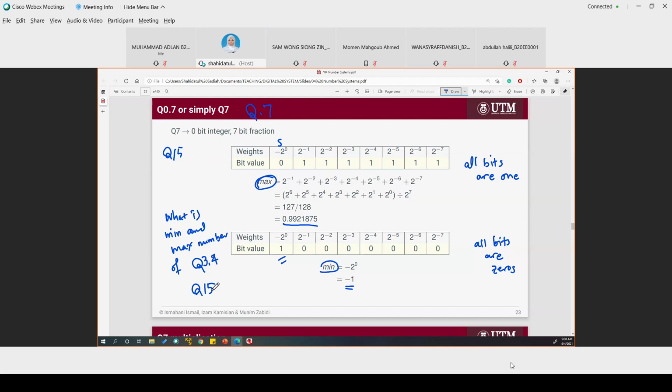All right, we have an answer. So doctor, for the maximum, I guess it's 7.125. Why is it 7? And for Q15, I think my calculator is wrong. How do you calculate the maximum?